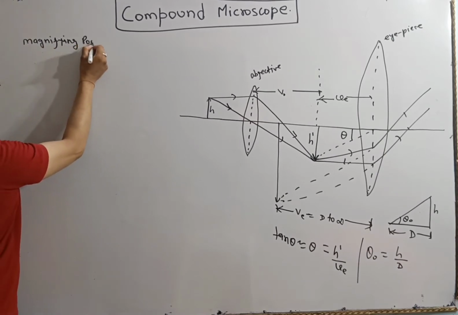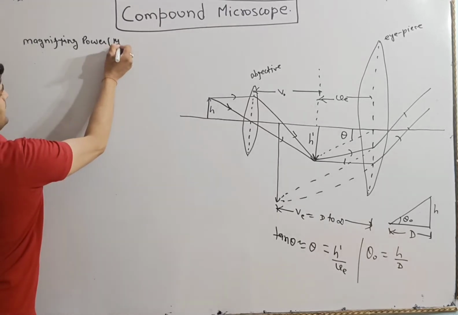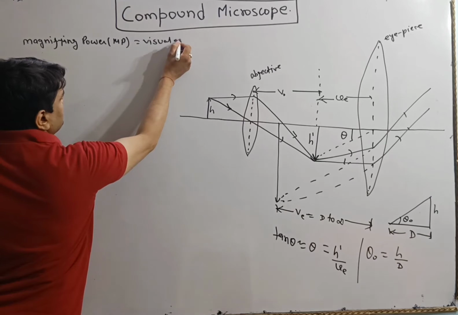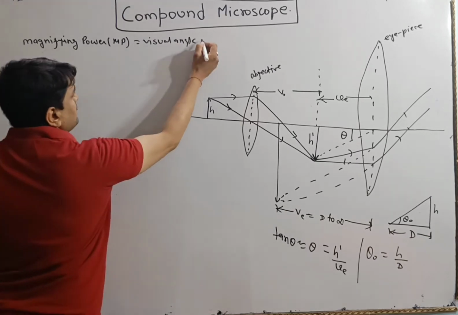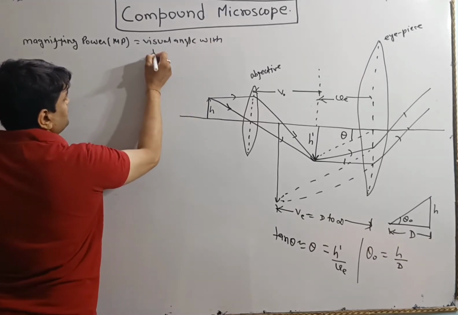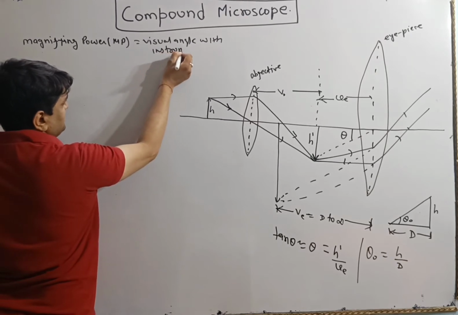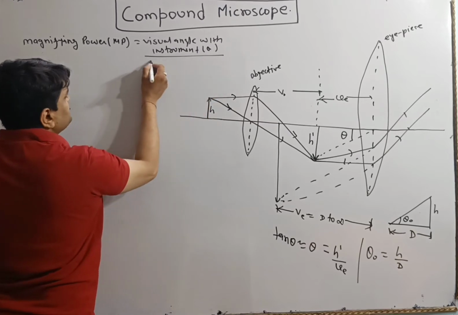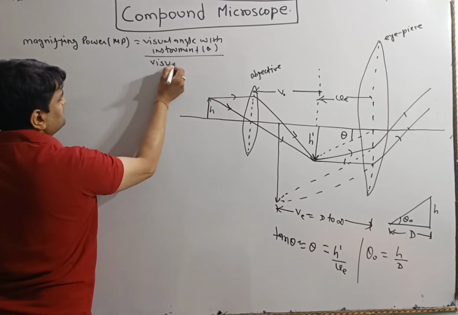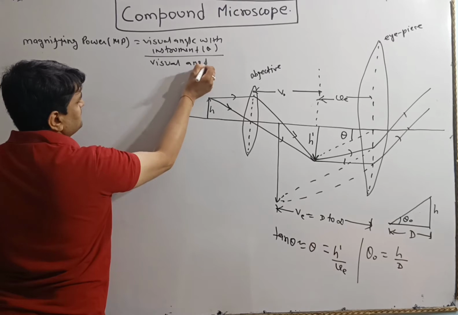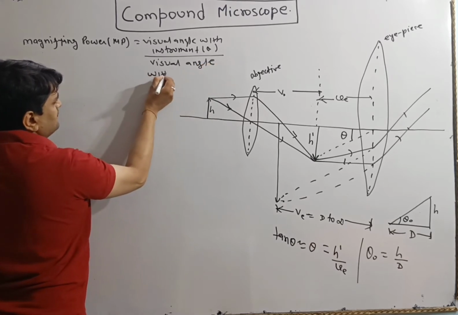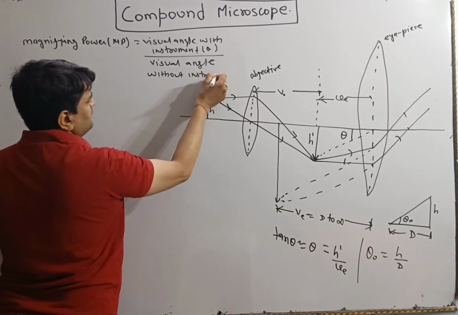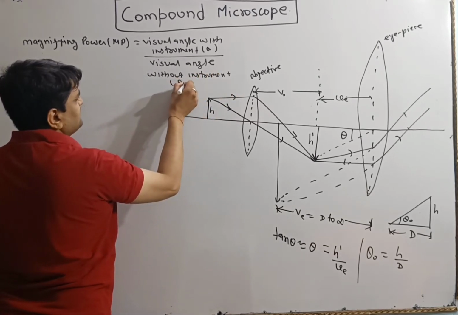Magnifying power is defined as visual angle with instrument, that is theta, and visual angle without instrument, that is theta naught.